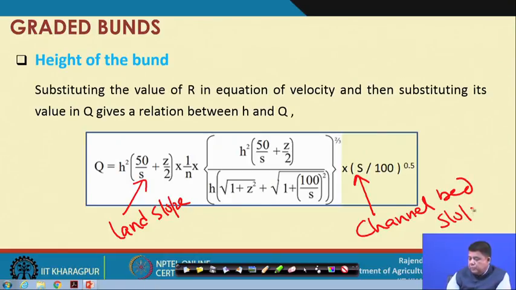So there are two slopes, one designated by small s, one by capital S. Let us not get confused: small s is land slope, capital S is channel bed slope. We have to remember this in this formula. Basically we are simply putting in the values of area and r which we calculated, and S is already there in the continuity equation.